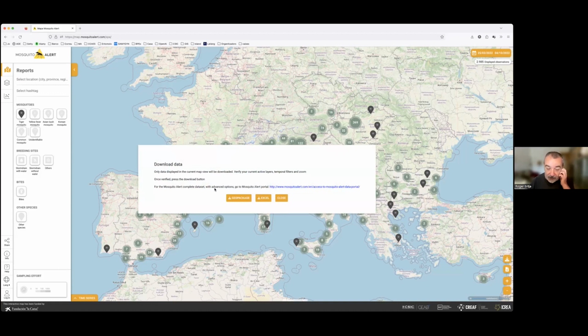I don't think there's a limitation on the number of reports that can be downloaded. In the previous map, it was limited to 300 reports, but here there's no limit, and you can download as a geo package for importing directly into a GIS system, a geographic information system, or in Excel, and then you get a spreadsheet with all data for every report.